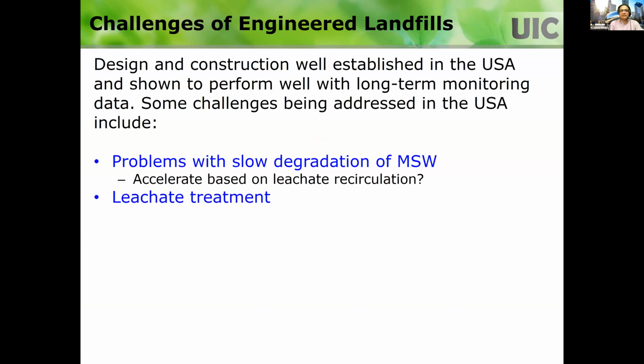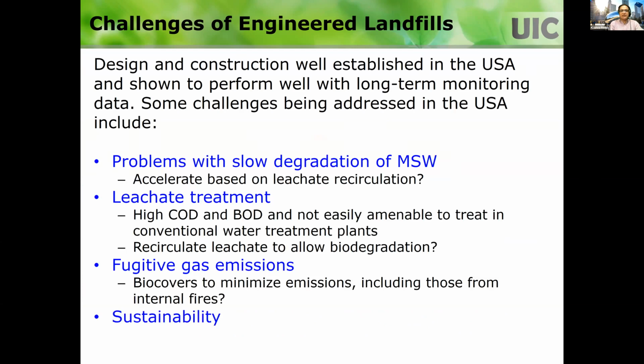So in the US, we're still working on some research issues. That's not so much in terms of changing the design in a substantial way, but making it more effective. So we have a problem of slow degradation, leachate treatment, fugitive gases, sustainability.